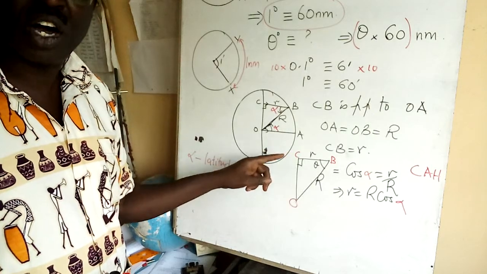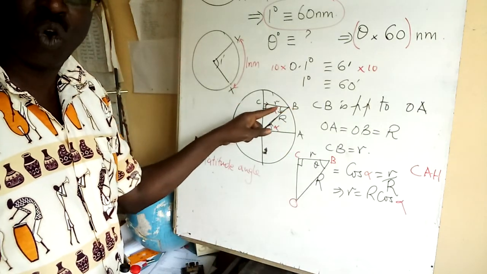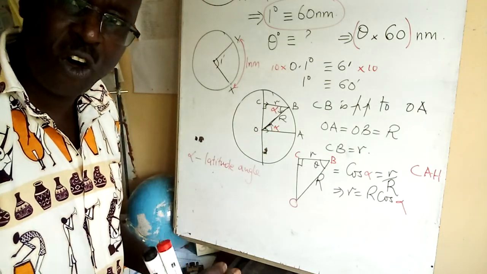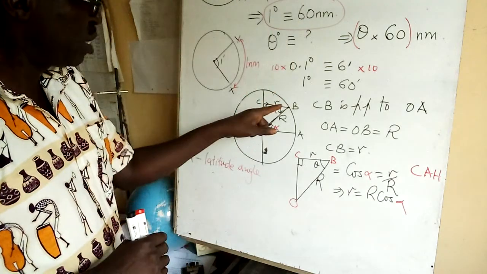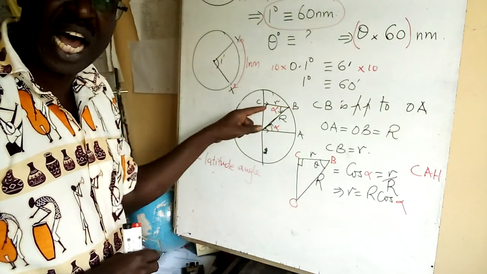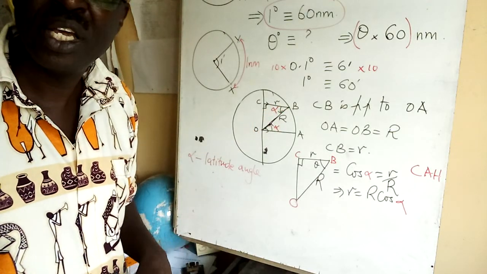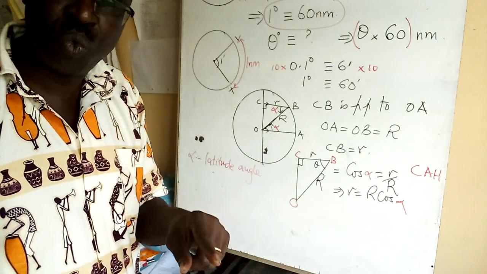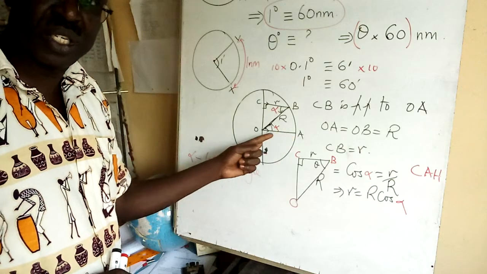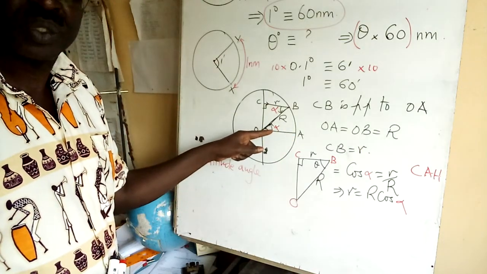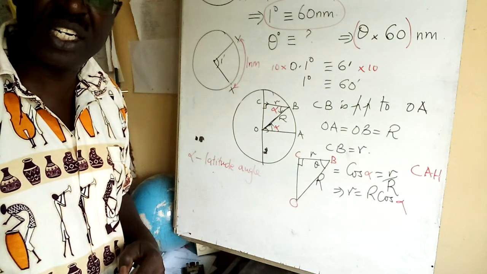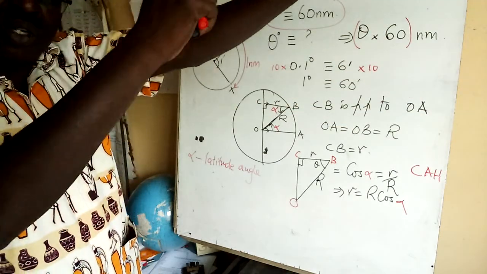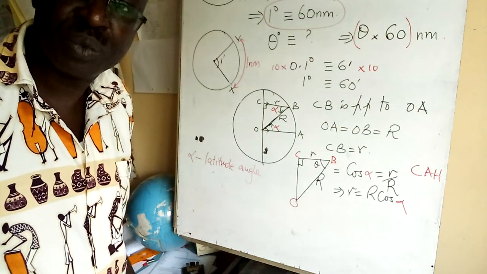And if I talk of a small circle, alpha degrees north, e.g. 40 degrees north, then it means on the northern part there is a latitude whose radius will be small r, not capital R, because the only latitude which is a great circle is the equator. So if I say 47 degrees north, then this is 47. From the horizontal level, you've gone up, you can draw the circle up there, which is latitude.